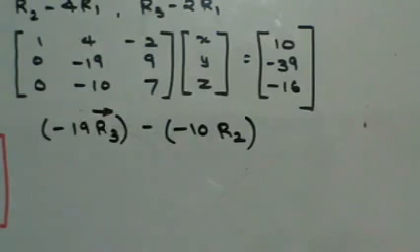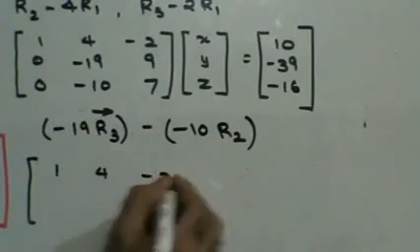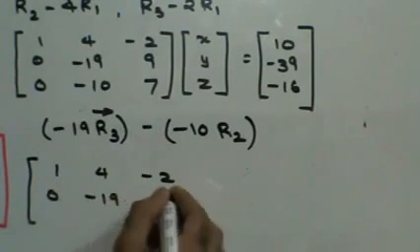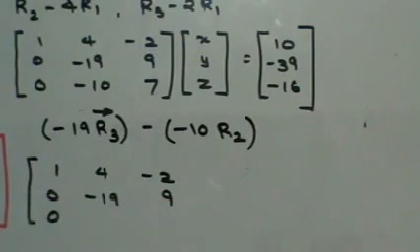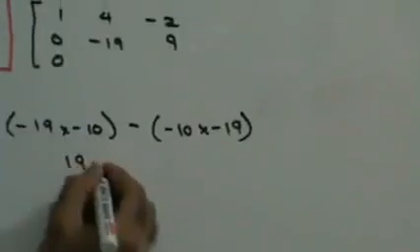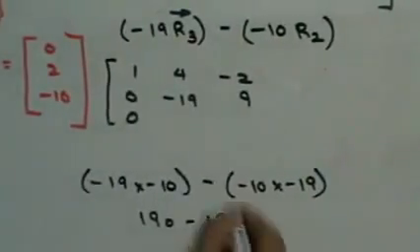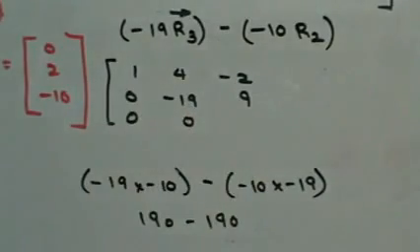Now, once you have this, let's see this. This is going to be 1, 4, minus 2, 0, minus 19, 9, 0, 0, 0. Now, this is going to be minus 19 into minus 10 minus 10 into minus 19. So this is 190 minus 190, which will give you 0.